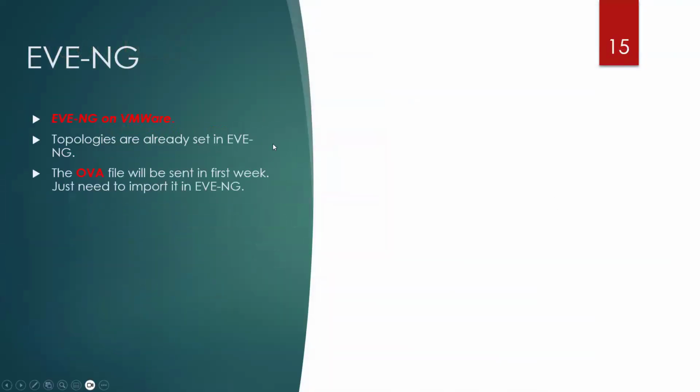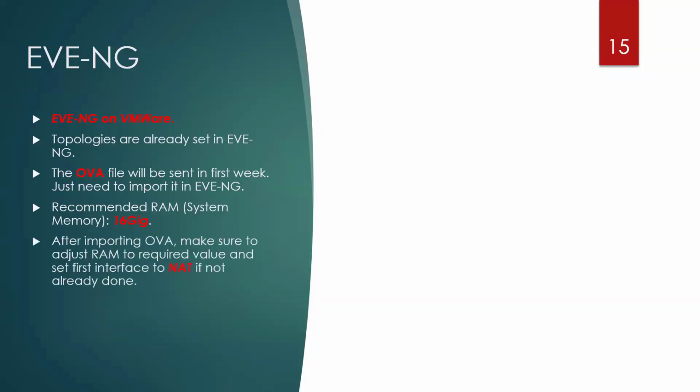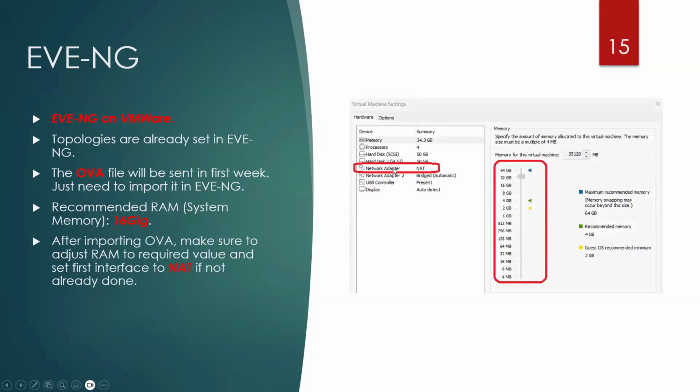EVNG, I already mentioned that we use the EVNG software on VMware. The OVA I already sent you. How much RAM should you have for this? The recommended RAM is 8 to 16 gig. Actually, 8 gig should also work, it should not be a problem, but 16 gig is the recommended one. Minimum is 8. And you should set the network type to NAT in case you are not receiving any IP.